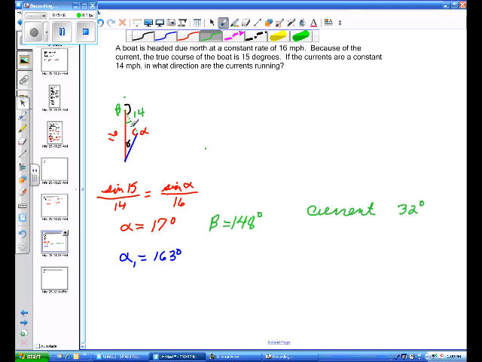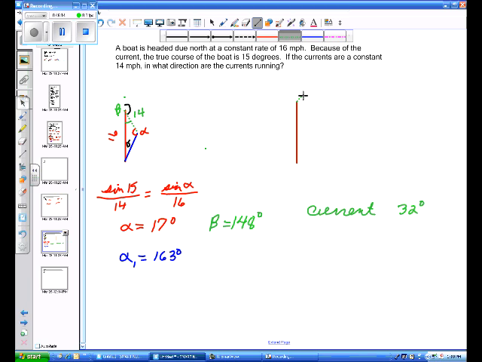So let's just draw that more in line with what happens. The boat is going due north. I have trouble drawing straight lines. The boat's going due north. Now your currents are running at 32 degrees.